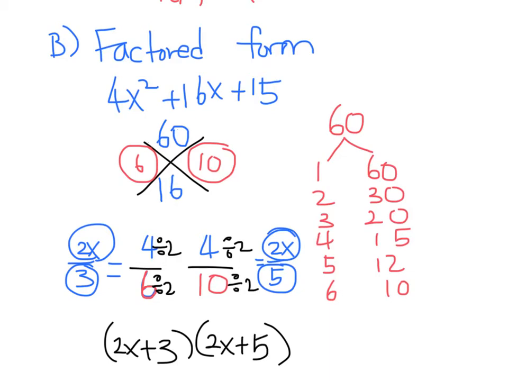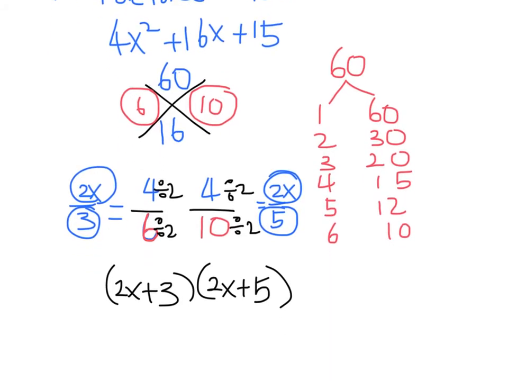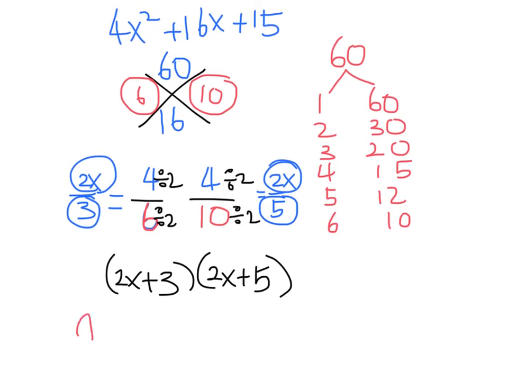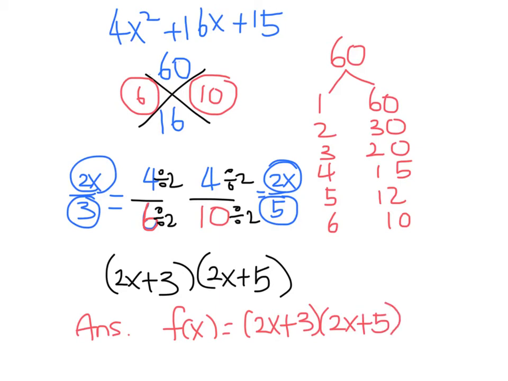And gosh, I am done with my factored form. Okay? However, I'm not just going to leave it like this, right? I got to make sure I do it the correct way. So my answer is going to be f of x is equal to 2x plus 3 times 2x plus 5. Okay? So there you go.